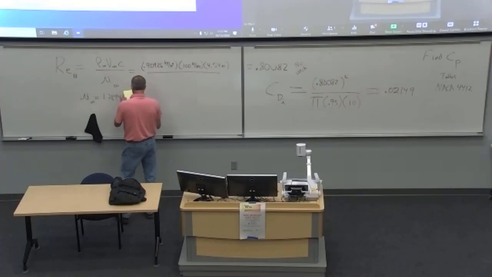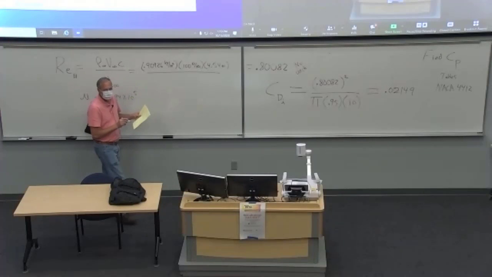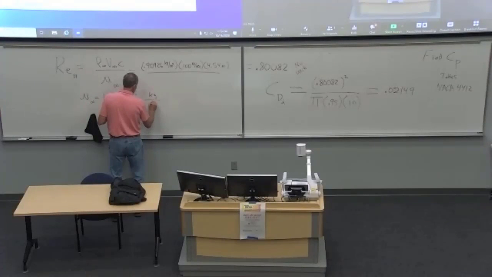I don't have written down here the units on this, but they've got to cancel out. You guys have the mu units somewhere handy? It's in the back of the book, right? Meter per second.